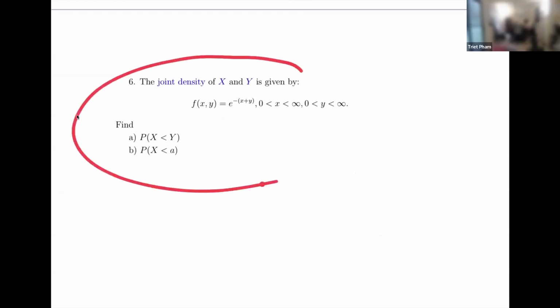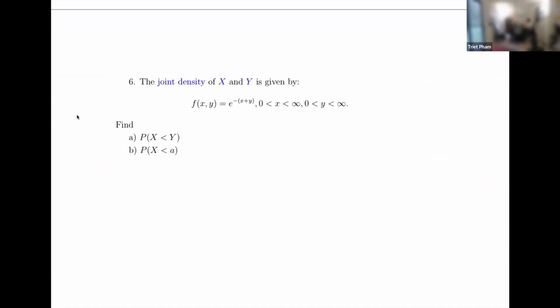So let's take a look at this one, which is the last problem for this problem set.